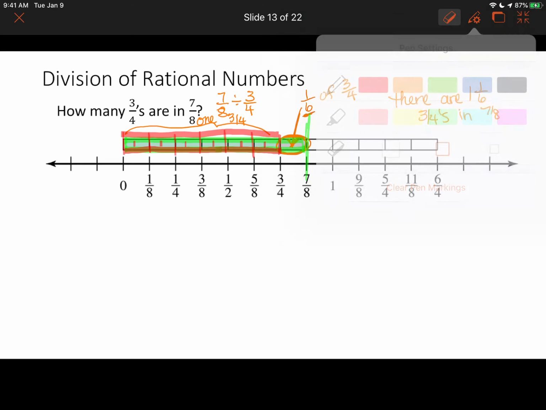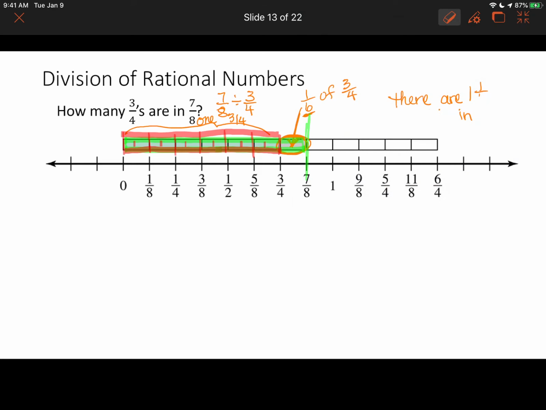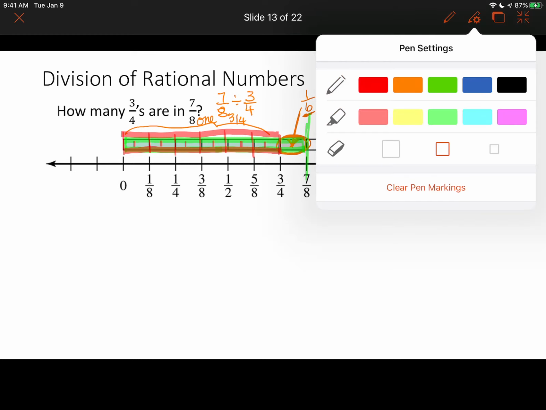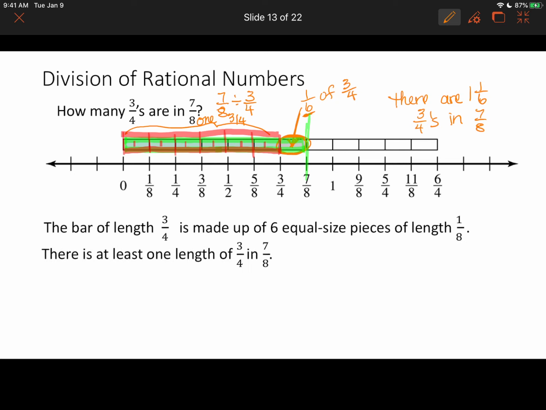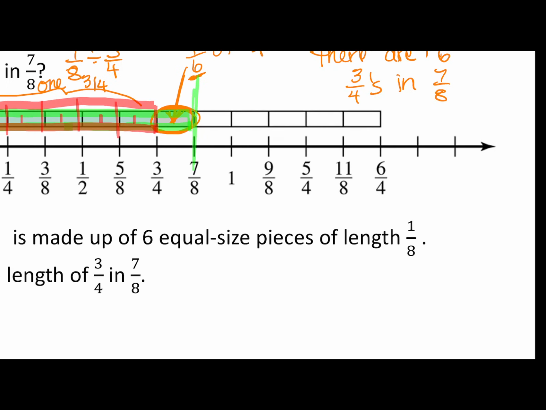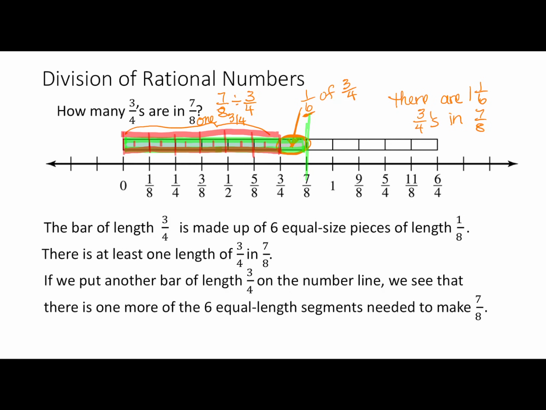And I'm being lazy here. We should not write our fractions slanted like that. 1 and 1/6, 3/4 in 7/8. Okay. I've got some explanation down here. That's just doing exactly what we discussed.